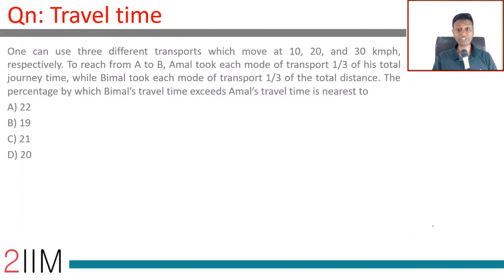One can use 3 different transports which move at 10, 20 and 30 km per hour respectively to reach from A to B. Amal took each mode of transport for 1/3 of his total journey time.